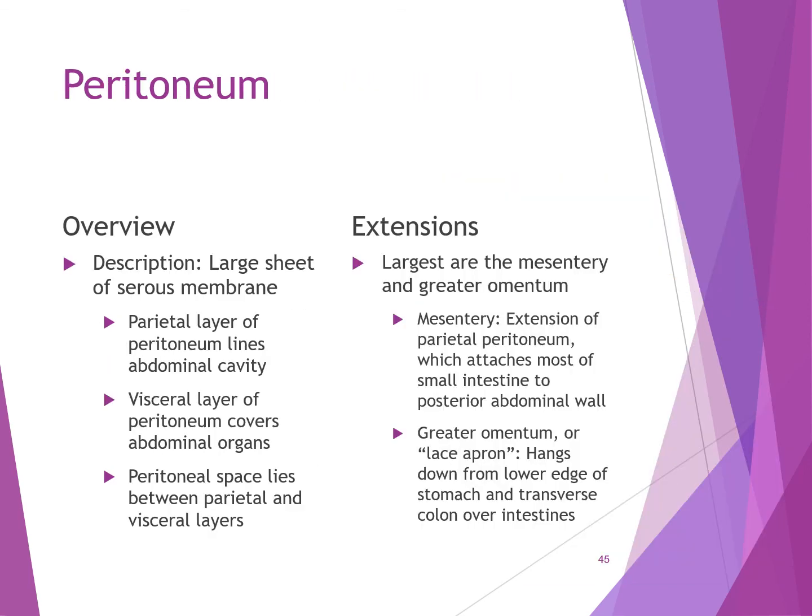We've mentioned the peritoneum before, and remember, there's two types of peritoneum. There's the parietal peritoneum, which makes up the innermost layer of the abdominal wall, and there's the visceral peritoneum that lines all of the abdominal organs.